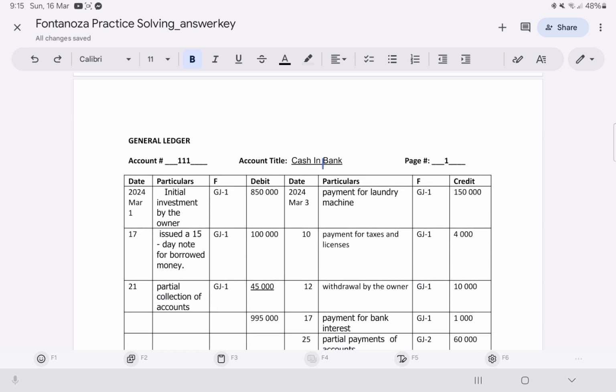This is just a basic general ledger, and I hope you could understand based on my explanation from the general journal and posting to the general ledger. So do not forget the discussion, how I journalize, and how I post to the general ledger, because it is really important that you know the process.